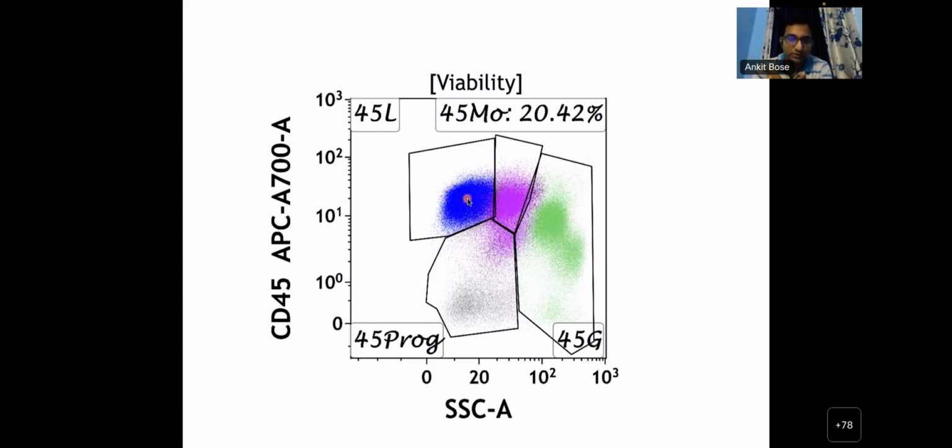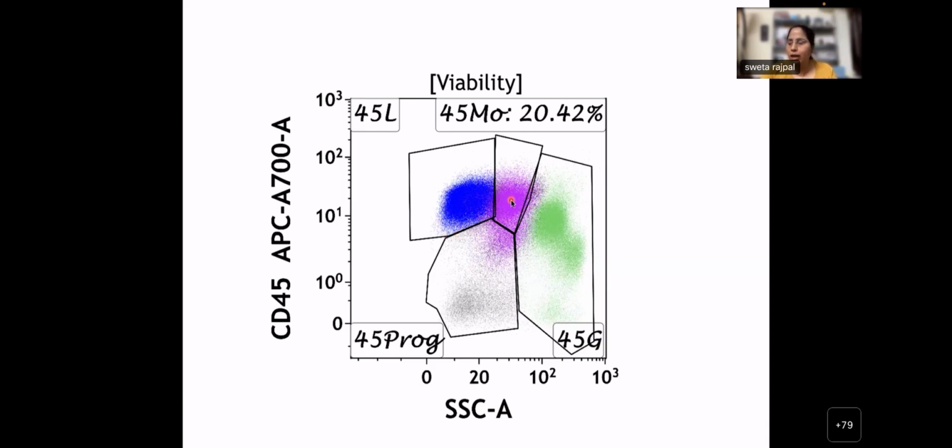They are CD45 bright and low side scatter, which means lower granularity as well as lower size. Lower side scatter means complexity is less, so granularity is less, so that is why we are getting CD45 bright cells, lymphocytes, here.